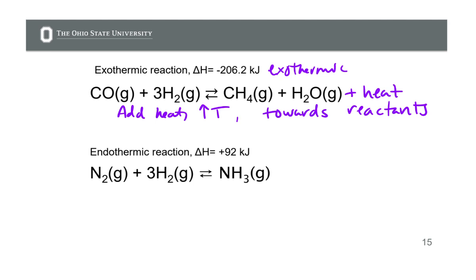Okay. Everyone okay with that? Cool. We do the opposite. We remove heat. Somehow we decrease the temperature. Now we're essentially removing that product, the heat as a product, and we're going to force the reaction to go towards the product side.